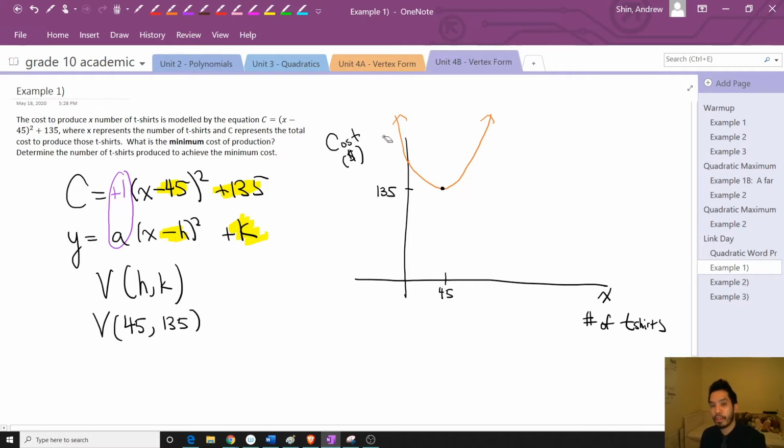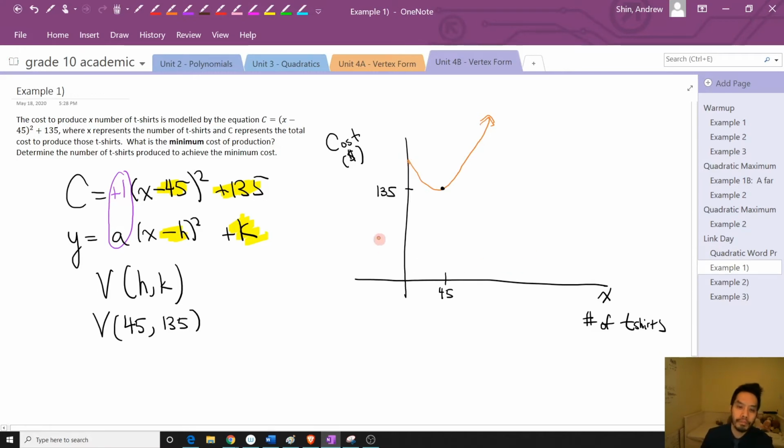In math, if there was no context, if it was just x and y, I would draw both arms of the parabola. But because we have context and there's no such thing as negative t-shirts, there should be nothing to the left of this y-axis, or the cost axis. Oopsies. So I'm going to redraw it and draw it from here. And so there cannot be an arrow on that side now, because it doesn't make sense to have one.